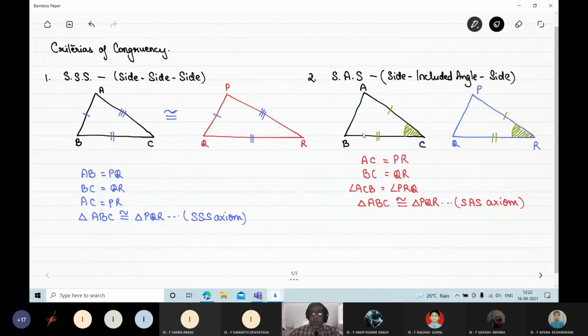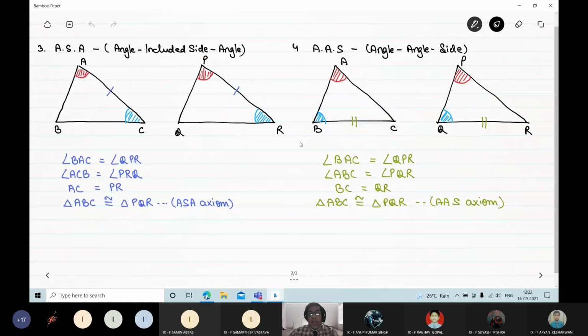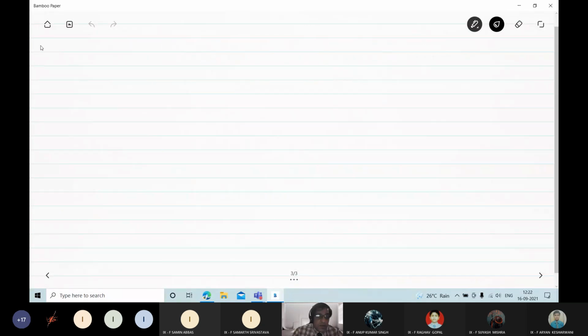So we saw four criteria of congruency: SSS, SAS, ASA, AAS. Now we come to the last criteria, which is RHS. RHS. This is the right angle, hypotenuse, and side.